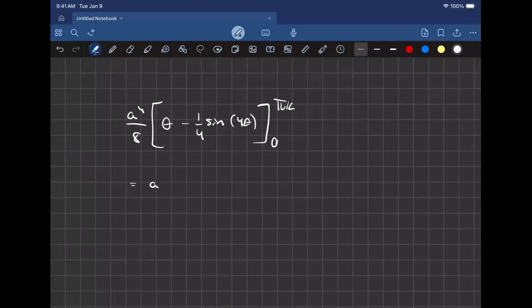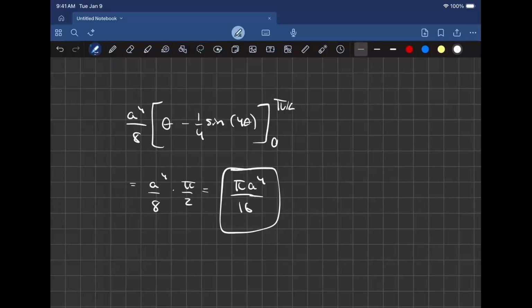So this is equal to a to the 4th over 8. The sine term at pi over 2 is going to go to 0, so just times pi over 2. So this could be written pi a to the 4th over 16. And this is our solution. So just a nice trig sub on this general case.